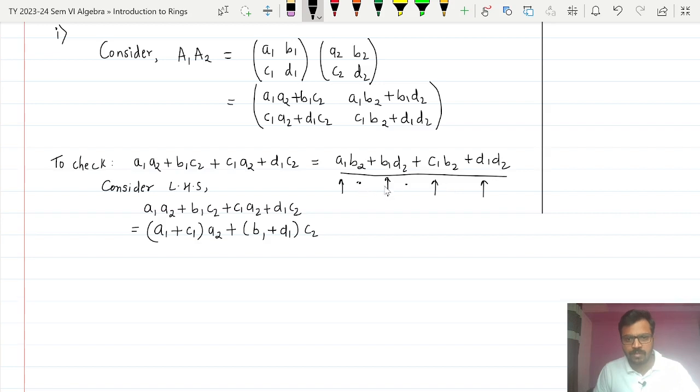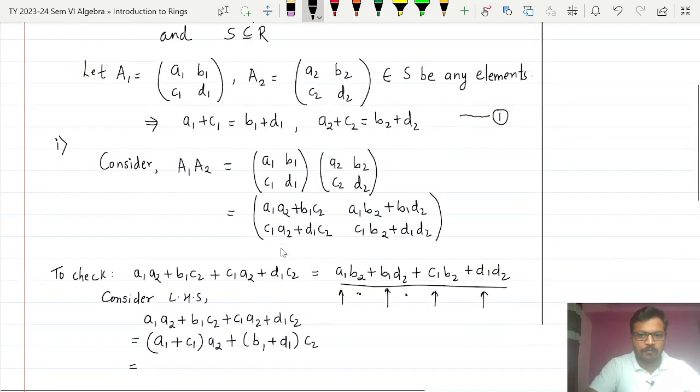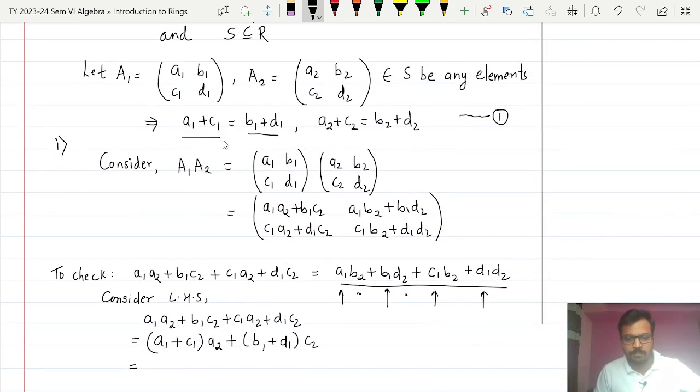That is what we have. We have to keep in mind these things, because we have to show that the value of this is nothing but the right hand side. Now from 1 what do we have? From 1 we have the value of B1 plus D1, that is A1 plus C1. So this we will use.